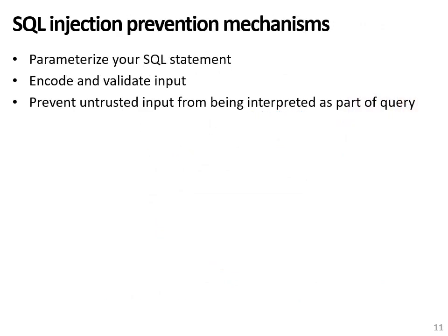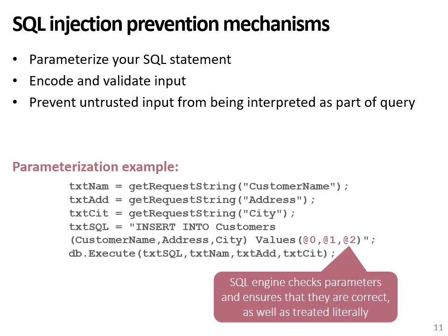And there are several ways to prevent SQL injection. For example, one could parameterize their SQL statements, encode and validate any input received from a form, or prevent untrusted input from being interpreted as part of a query. And here you see an example of using parameterization.